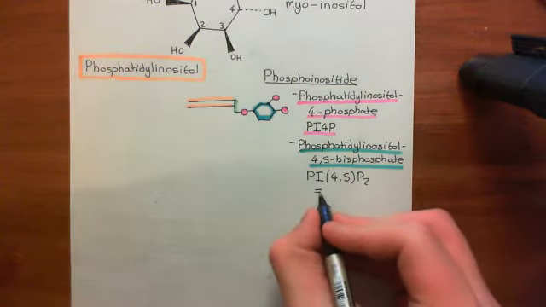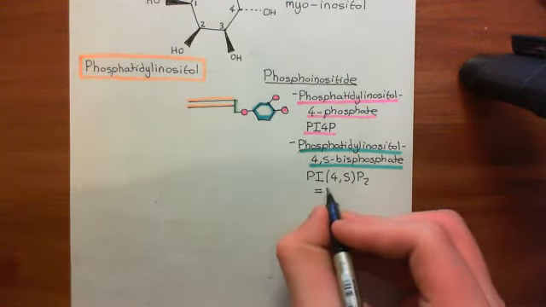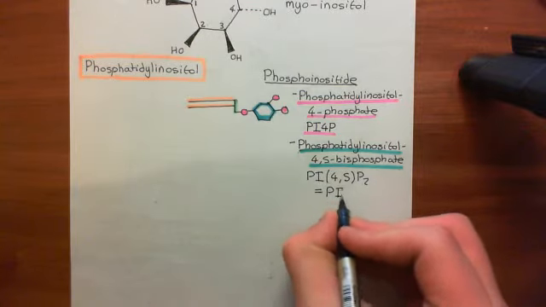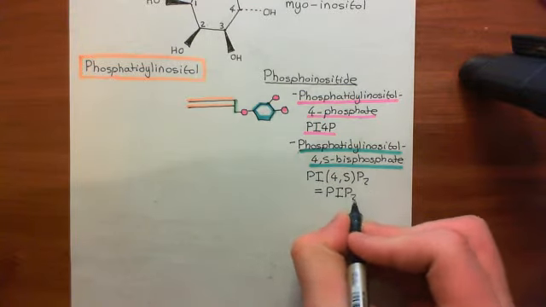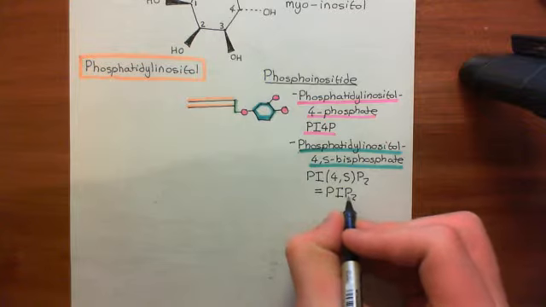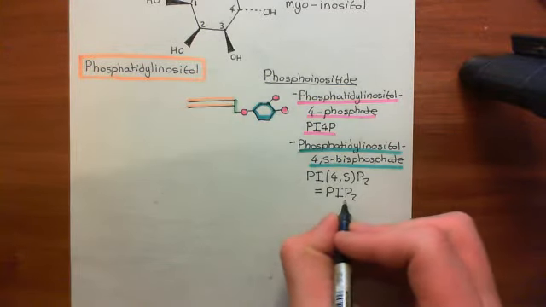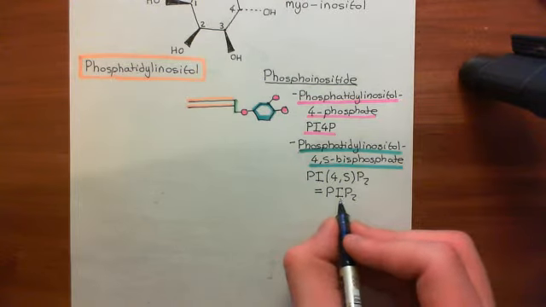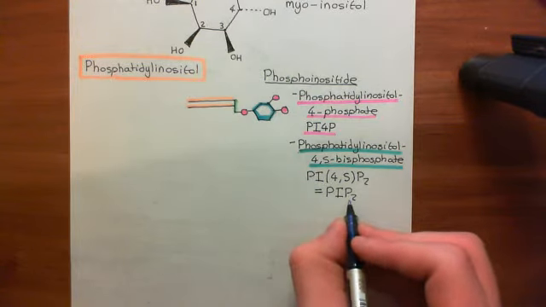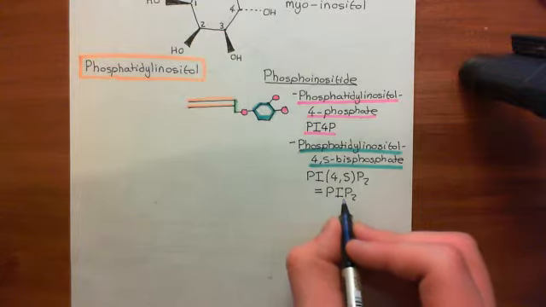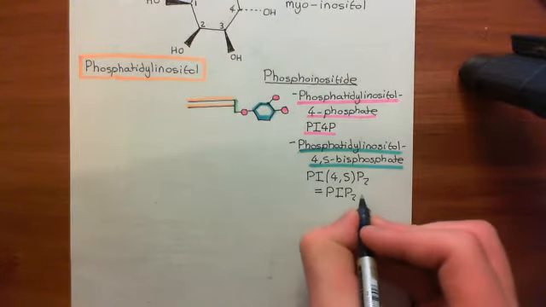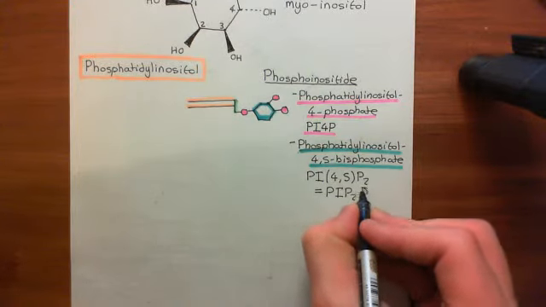However, this molecule is so famous that you can just abbreviate it to PIP2. So you don't have to tell me which carbons these phosphate groups come off. If I see phosphatidylinositol with 2 phosphate groups off, with no clarification which carbons they come off, you instantly assume that they come off the 4th and the 5th.